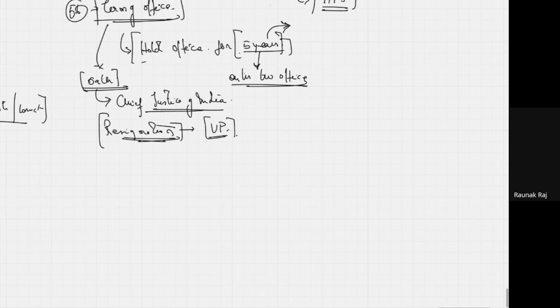It's CJI, sir. Do you think he administers the oath? Do you think he is the appointing authority? No, there is no appointing authority for the President of India. It is the President of India who has the authority to appoint all other positions in India. But no one has the authority to appoint the President of India.